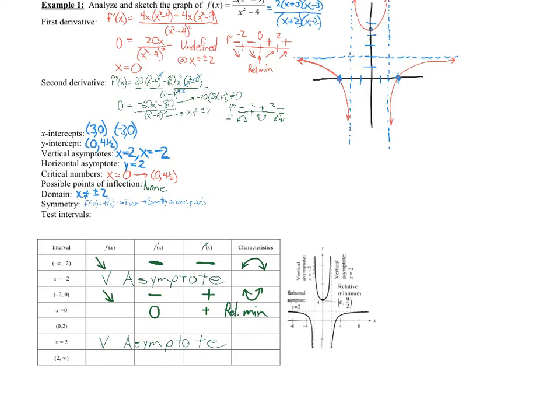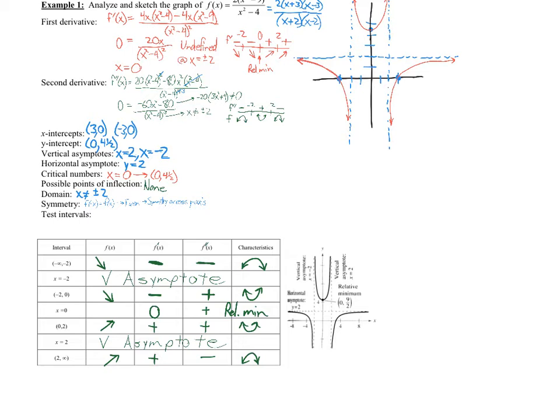From 0 to 2, both the first and second derivatives are positive. So now we're increasing and it's still concave up. But from 2 to infinity, the first derivative is positive and the second derivative is negative. So it's increasing, but concave down.